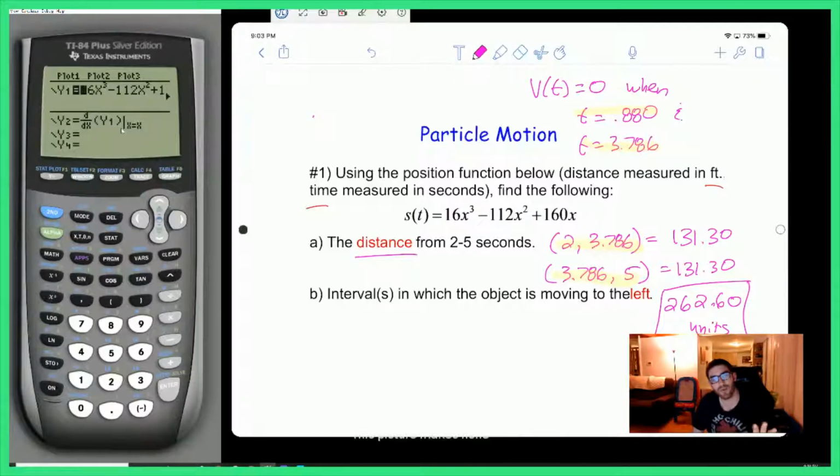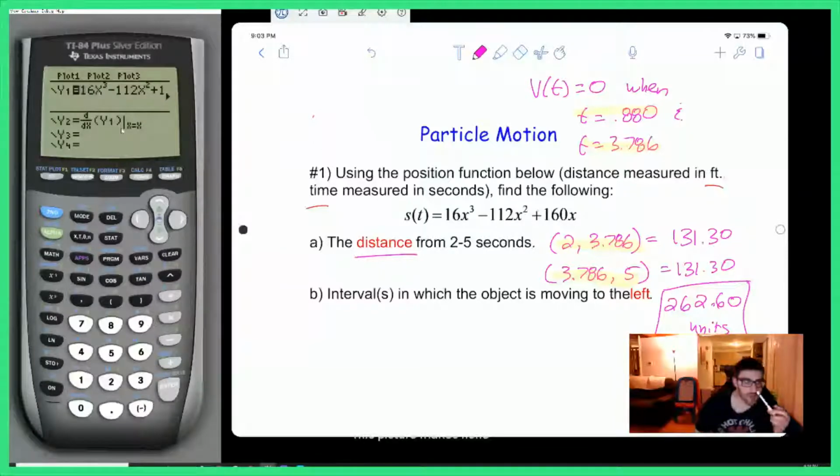So the fact that we went from 0 to negative 131.3, that's an accumulation of 131.30 units of measure. So make sure you take the absolute value of those numbers and subtract them, or in essence, it's really just the absolute value of the difference of the numbers, because that would give you the positive result. All right. Do I do SFI by SFI? Yeah, Hugo, that's exactly what you do.